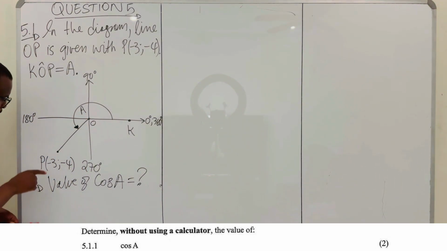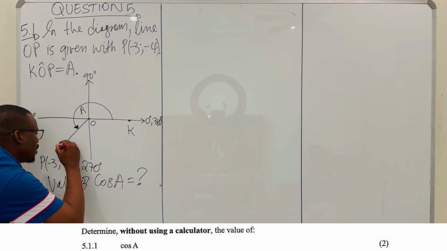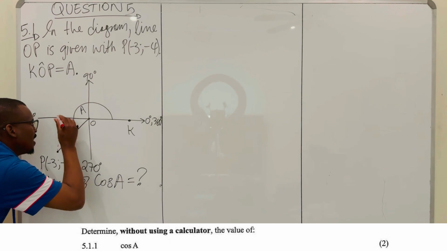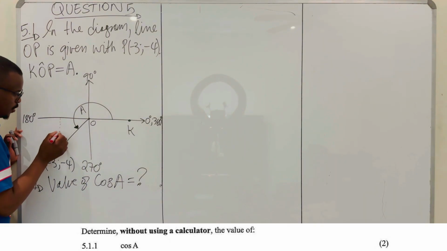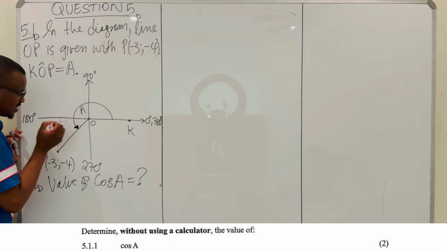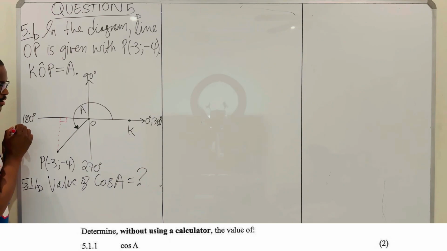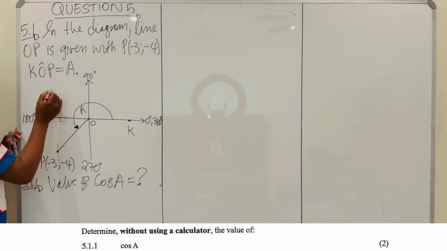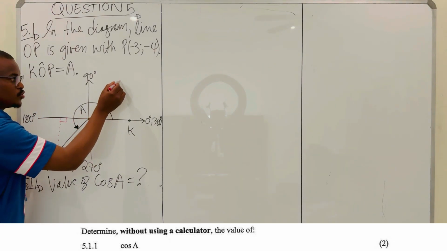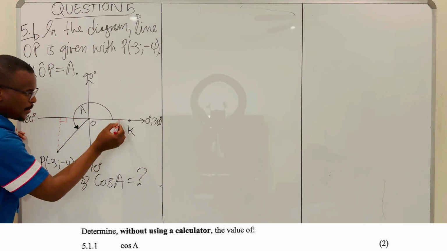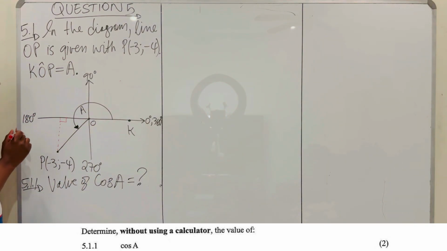So what you do, you join this point by a vertical line to your x-axis. So if this is vertical, this angle here is 90 degrees. That's the first thing that you do.